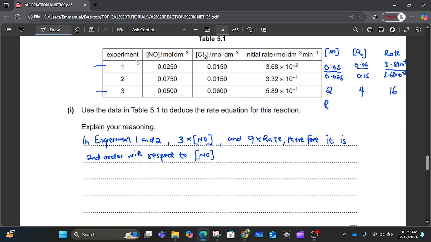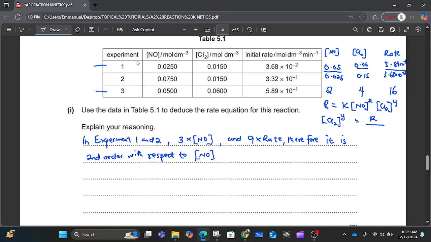Now, if you consider the general rate equation, which is rate is equal to K times the concentration of NO, and in this case, the order with respect to NO concentration is 2, times the concentration of Cl2, and we don't know this order yet, so I'll still leave it as Y. We can see that to find the order with respect to Cl2, we can make the Cl2 concentration exponent the subject, and that will be equal to the rate divided by K times concentration of NO exponent 2.